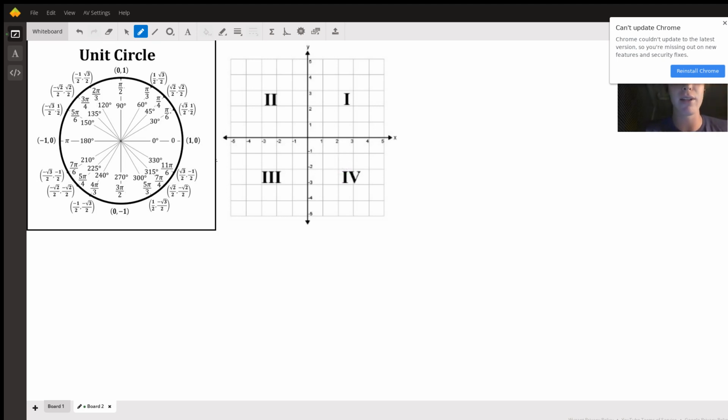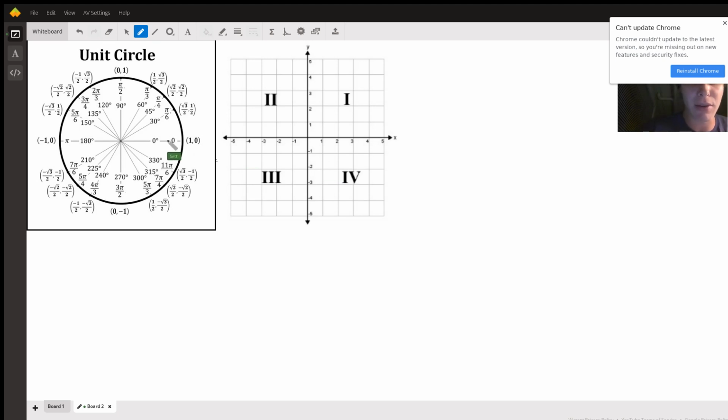The easiest way to do this for me, or the way that makes sense, is just to count pi thirds. So we have 16 pi thirds that we need to circle around in order to find what quadrant.